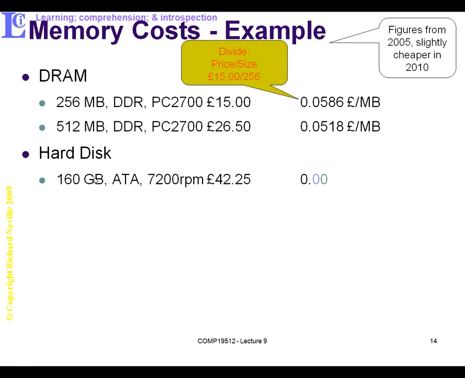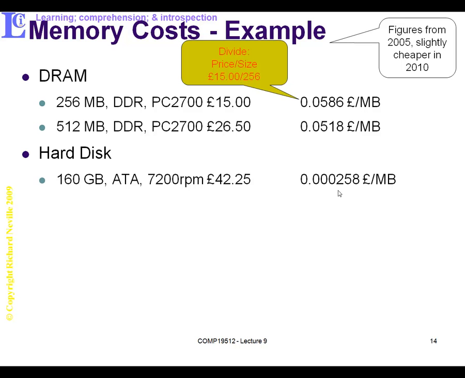Now if we move on to the hard disk, you'll see a dramatic drop in this figure. So let's have a look. We've got a 160 gig hard disk, secondary memory, and it's running a spin speed on its spindle of 7,200 RPM, revs per minute. And that costs, given a particular date when we looked it up, £42.25.